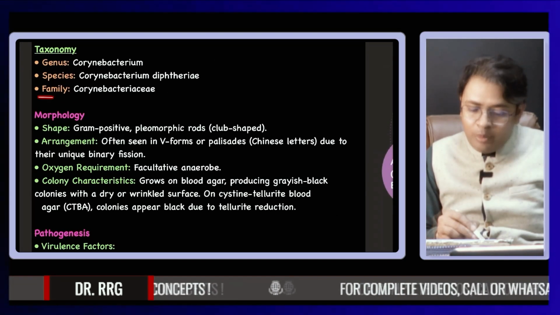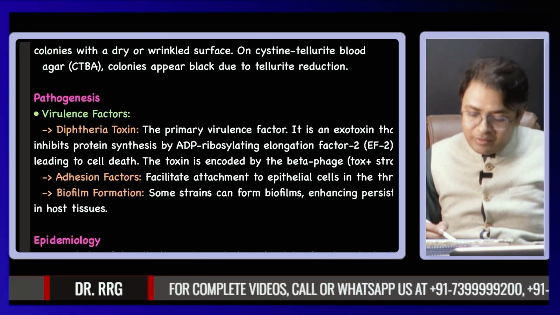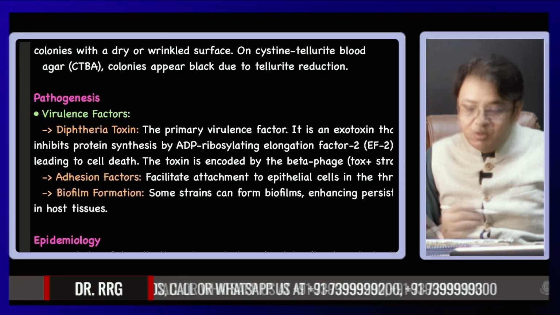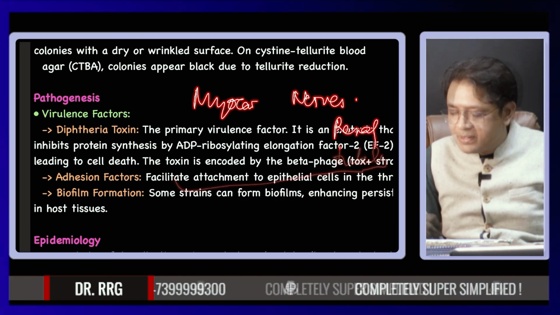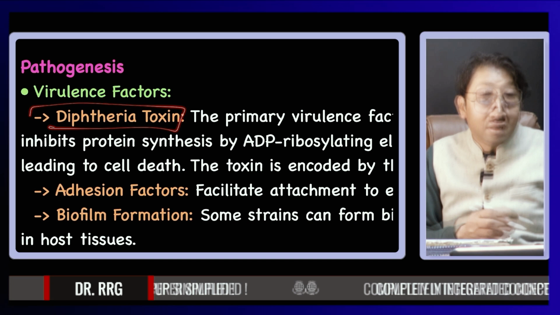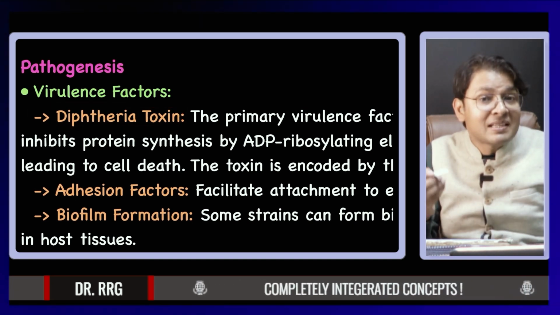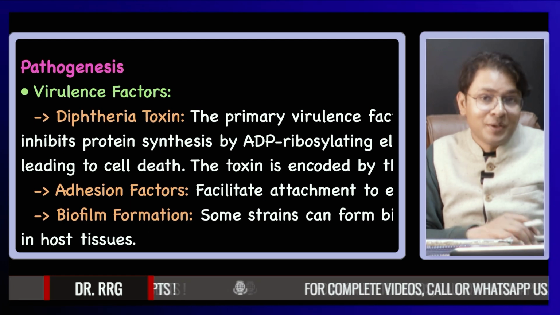How does Corynebacterium diphtheriae become that virulent? They become virulent because of their toxins that involve the myocardium, nerves, and renal tubules. What do the toxins do? Diphtheria toxins, in fact, inhibit protein synthesis in our cells. Therefore, cellular death occurs.